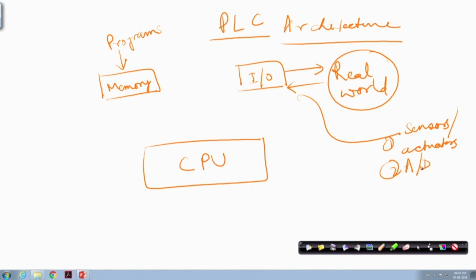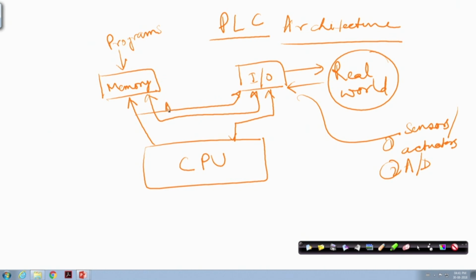So, basically the interaction happens between the CPU and the memory, between the memory and the input output, and also between the input output and the CPU. All of these things are interconnected, right, and so they are going to send data.